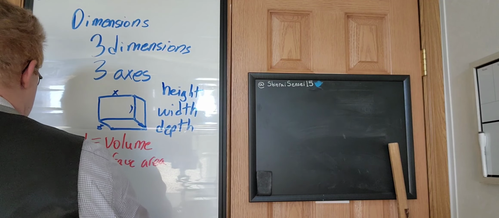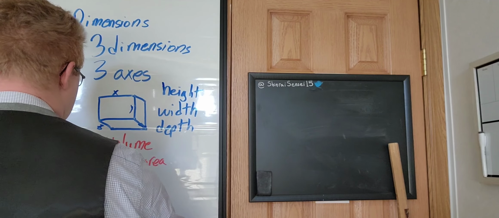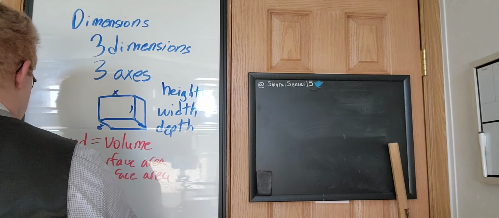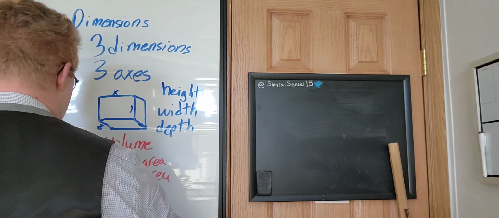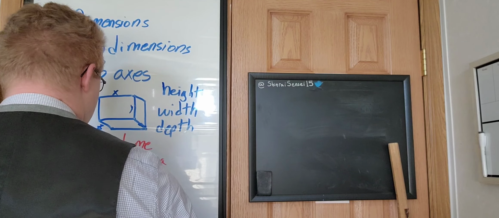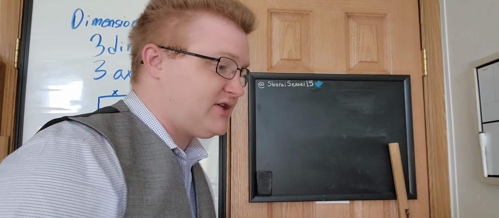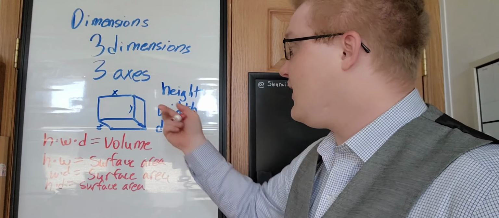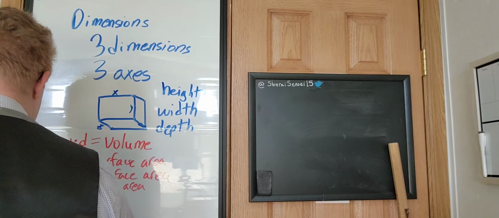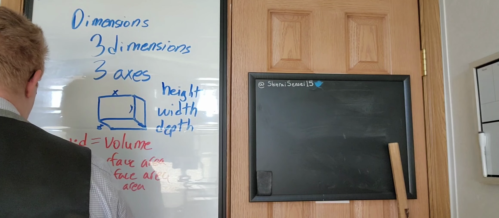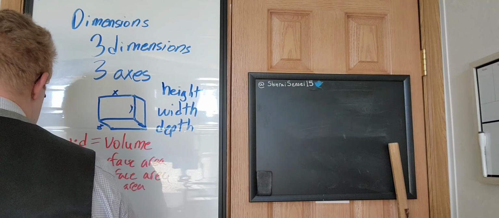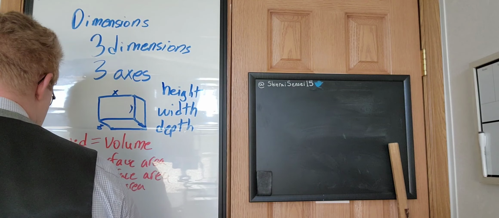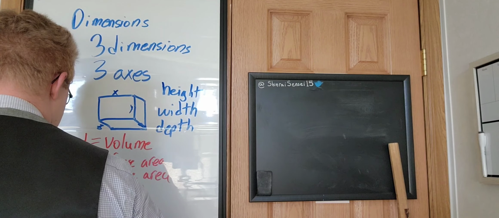Although width times depth can also equal a surface area, and so can height times depth. It depends on which side you're trying to find the surface area of. And the better way to represent that is x times y, or y times z, or x times z. And all of these are equal to surface area.